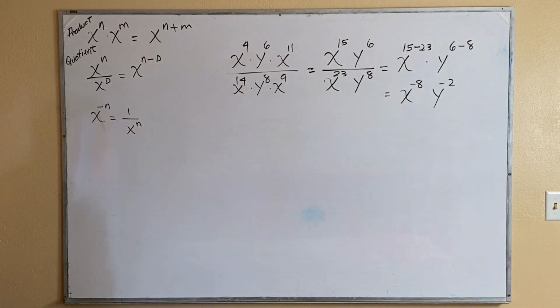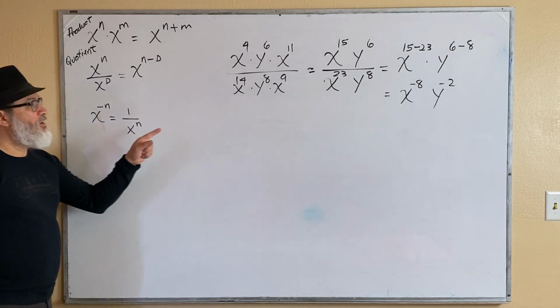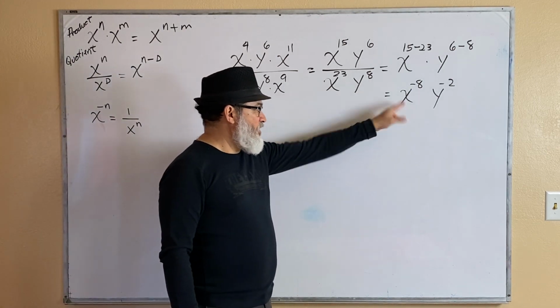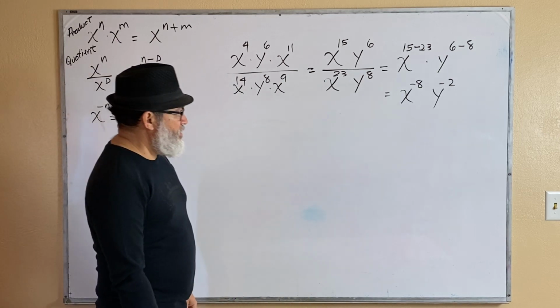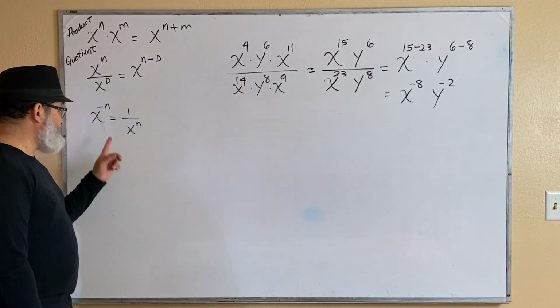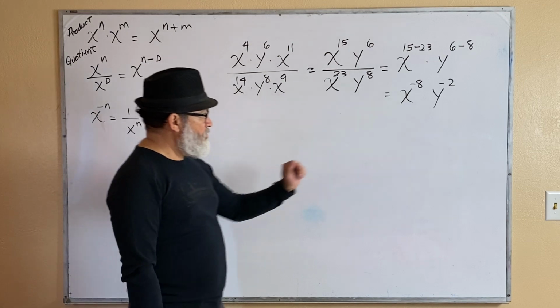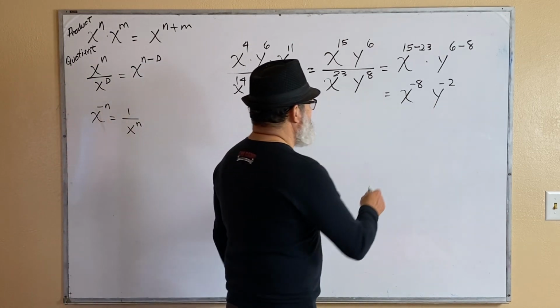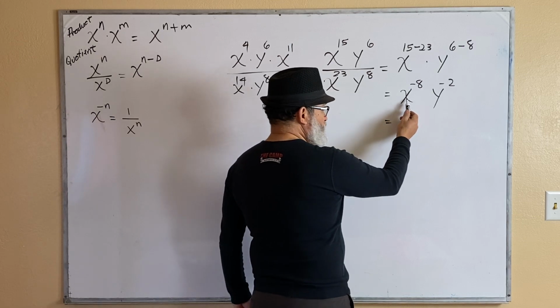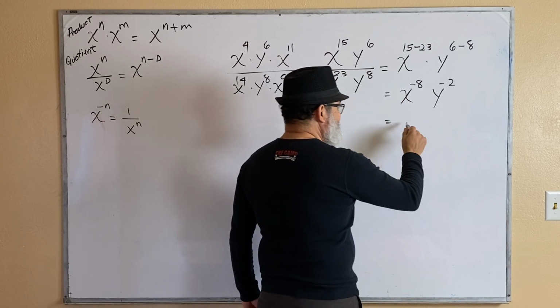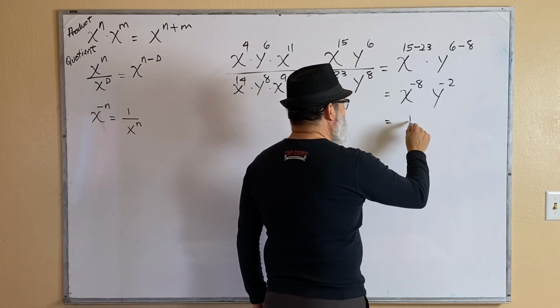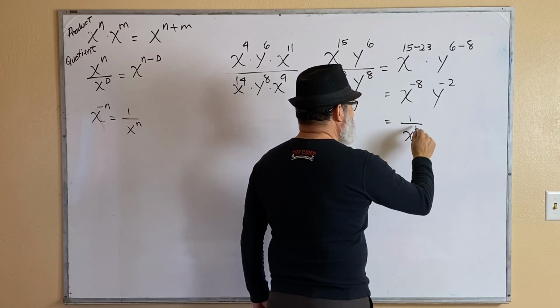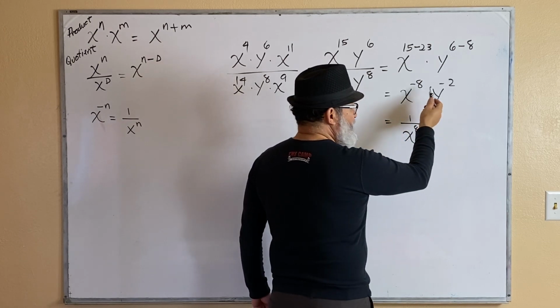We're going to apply this rule there, and also this rule there. So this one here is 1 over x to the 8th. Don't forget this multiplication.